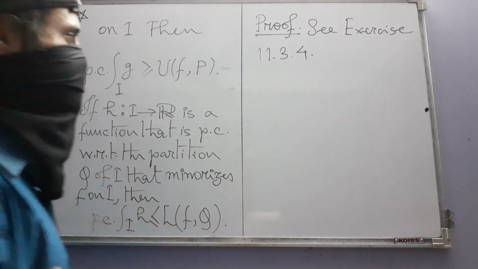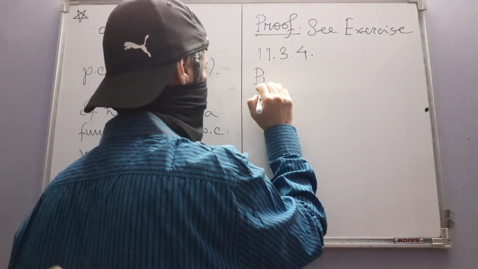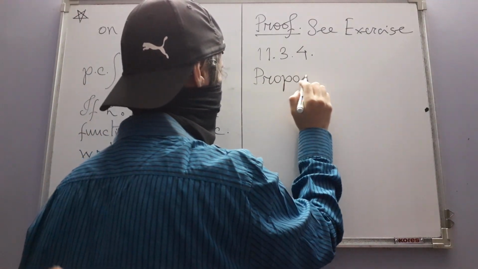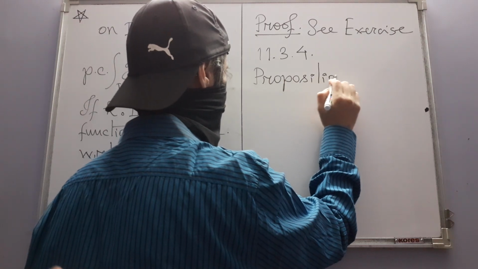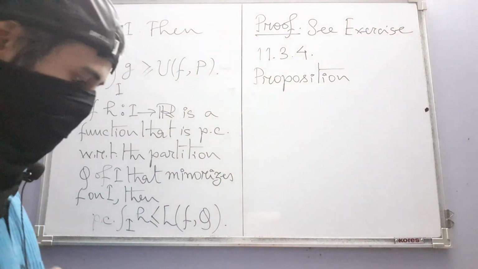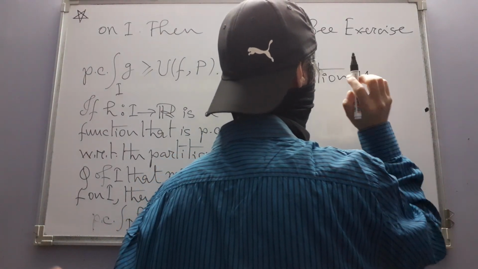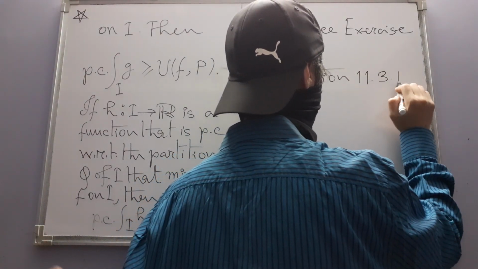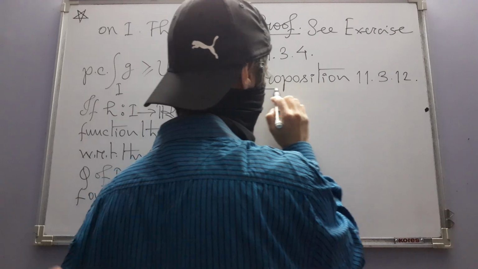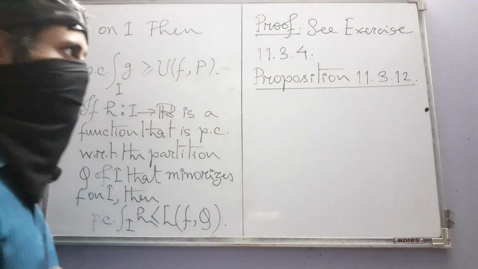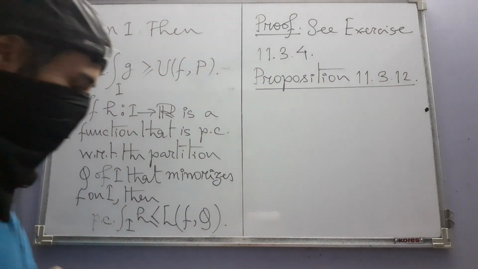And now finally, we state this proposition, which shows that the two integrabilities, one in terms of these Riemann sums and the other in terms of piecewise constant functions, actually are the same.